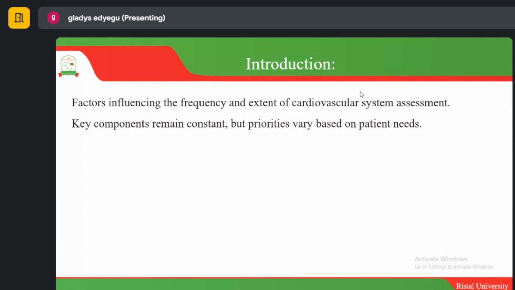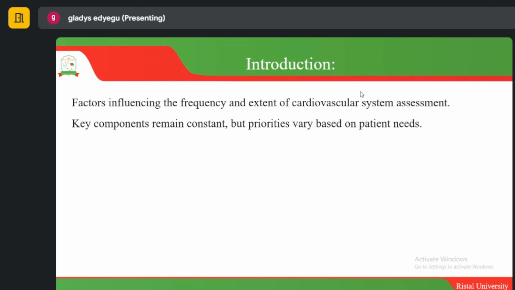Looking at the system assessment, when you're assessing your patient, in most cases you have to assess all the systems, unless they have come with a complaint leading you to the cardiac or cardiovascular system, in which case you can focus on it. The key components remain constant, but priorities vary based on the patient's needs.